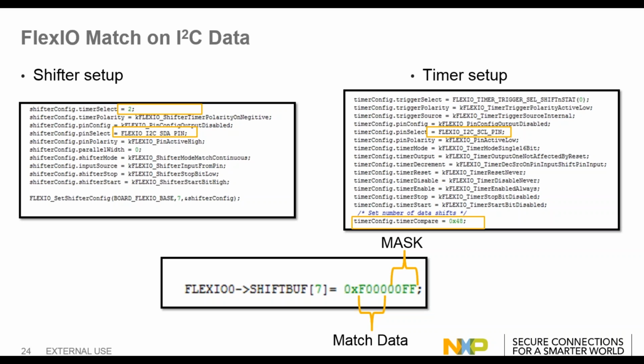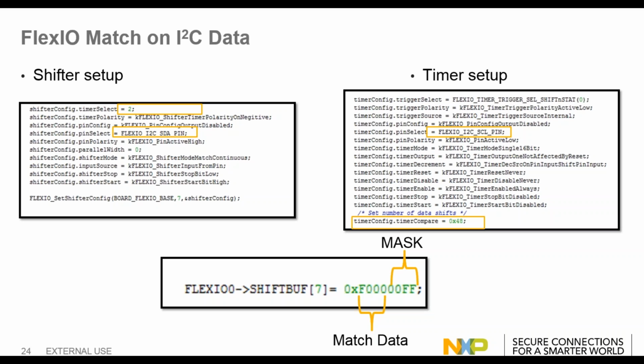And so to set up the timer, the shifter is where the data from the I2C SDA pin is going to be passed in. And you can see two important configurations of this shifter are which timer it's associated to and also which physical pin it is associated to.